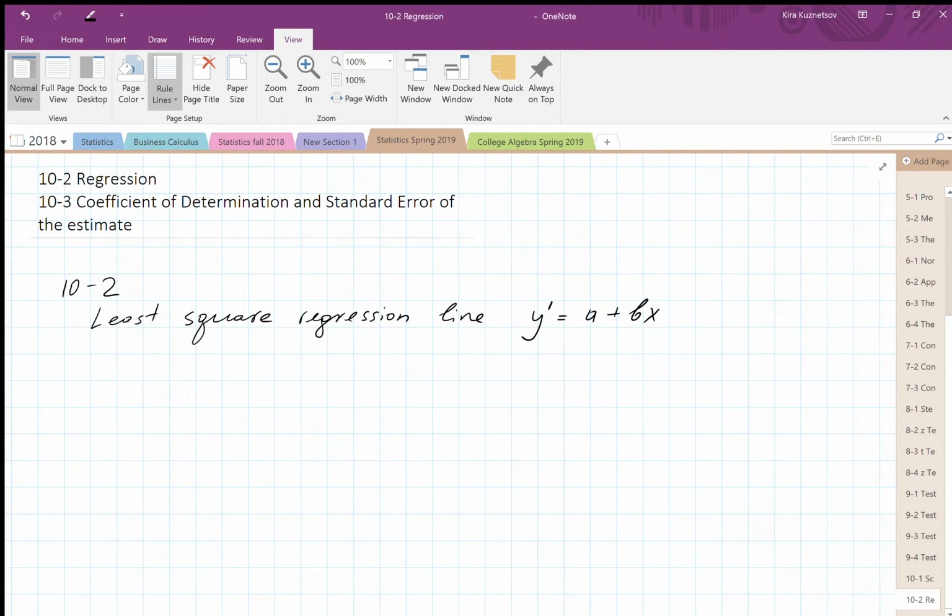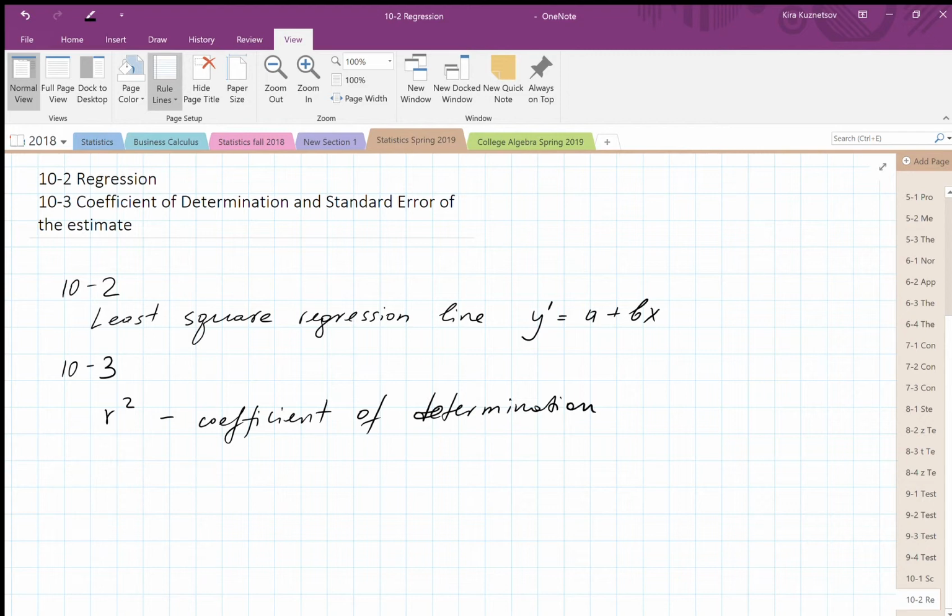Now, as far as 10-3, what we're looking for is the coefficient of determination, and that's r squared. The definition is actually covered in a definition page under chapter 10.